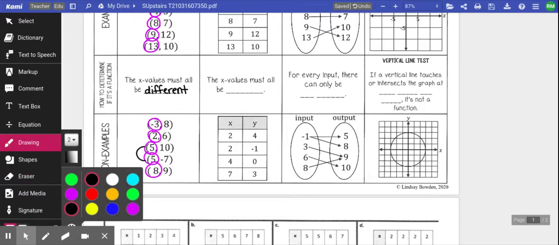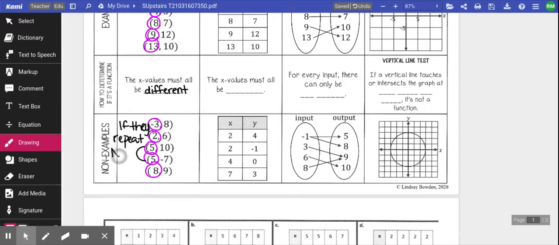So if they repeat, then it's not a function. Okay? If they repeat, it's not a function.